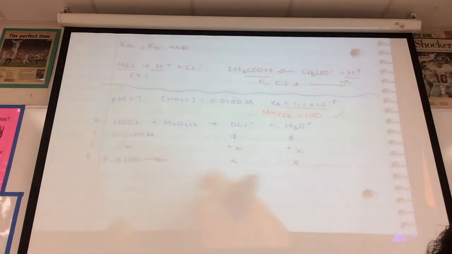All right, on your mini quiz that you will be seeing next week, you're going to get problems very similar to this. You've got to be able to do this RICE table. Your Ka is equal to products over reactant.